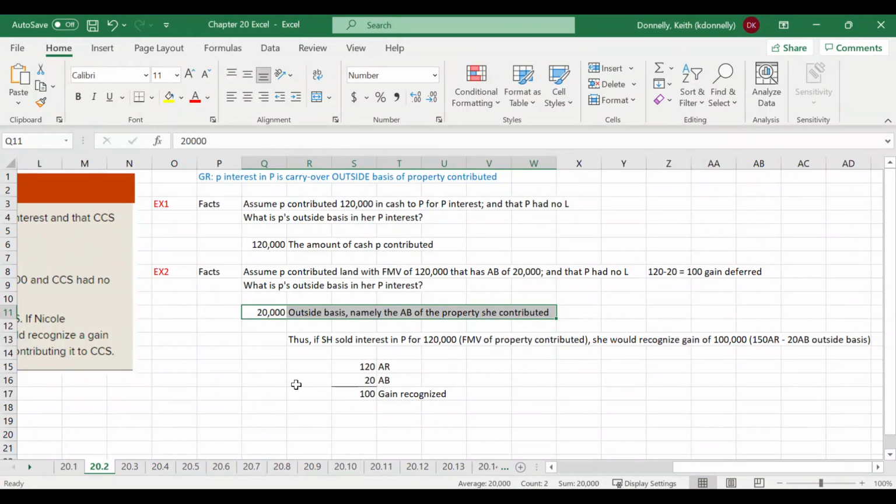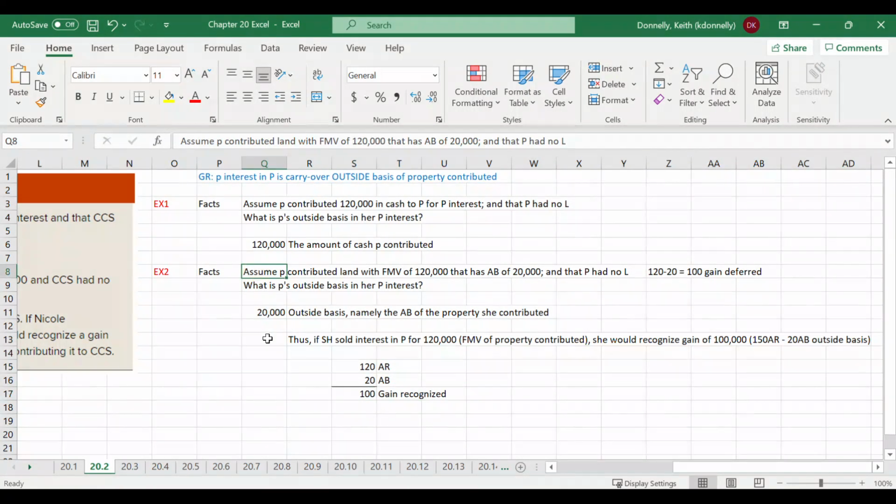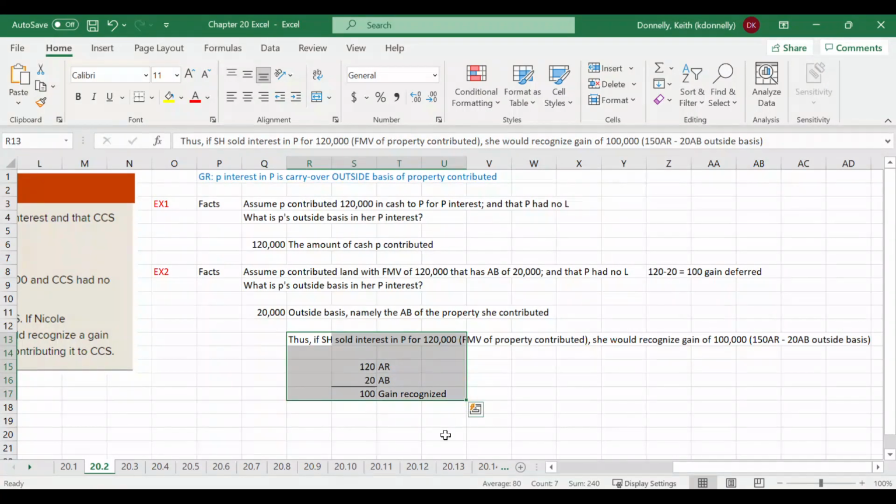And really what we're doing here is deferring the gain, right? You had a built-in gain here of 100. If you were after the fact to sell your partnership interest for the 120 and you backed out the 20 adjusted basis, there's the gain that you deferred. So defer it up front when you contribute it, recognize it on the back end when you dispose of the property.